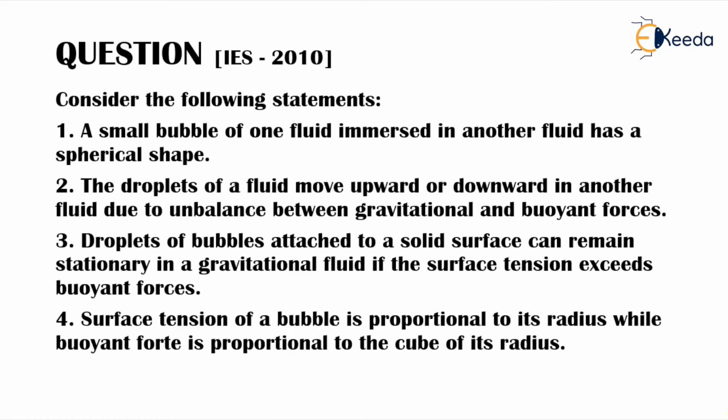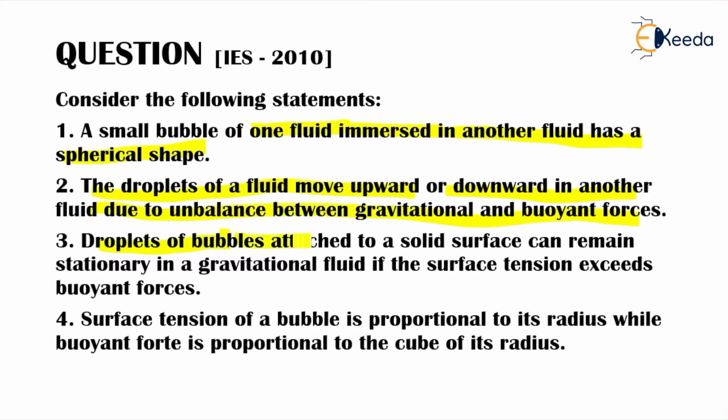Consider the following statements. A small bubble of one fluid immersed in another fluid has a spherical shape. The droplets of a fluid move upward or downward in another fluid due to unbalance between gravitational and buoyant forces.